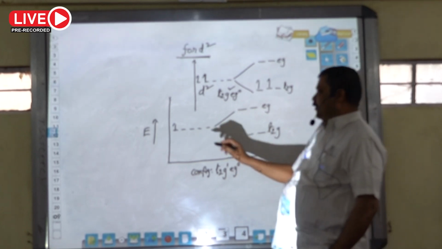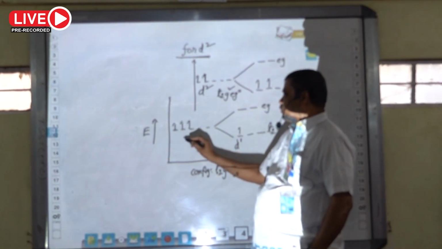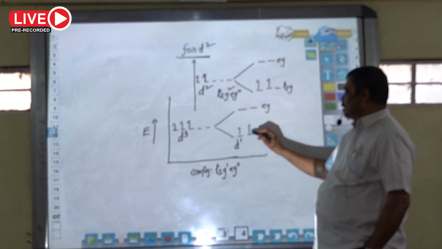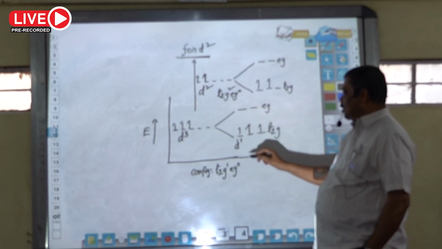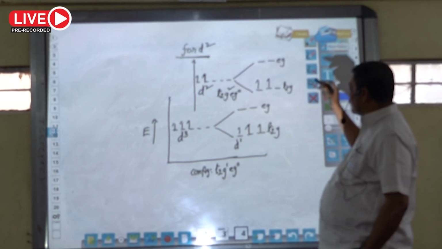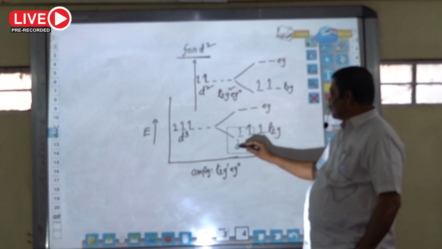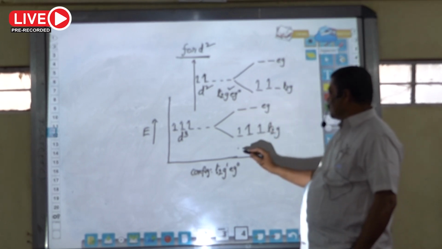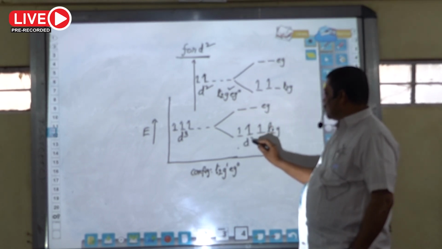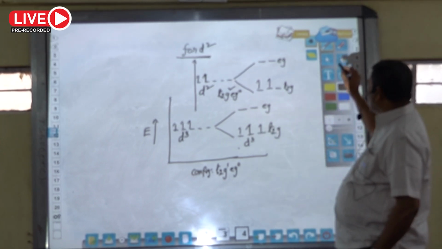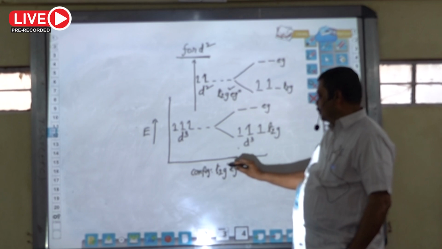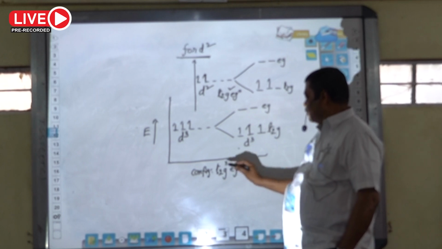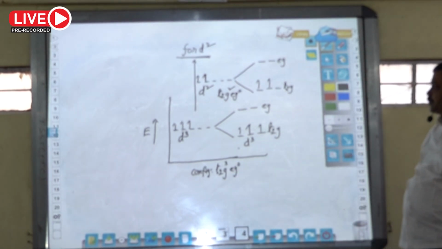Now I am writing d3 configuration. In d3 also, the 3 electrons will occupy t2g, then the configuration becomes t2g3 eg0.